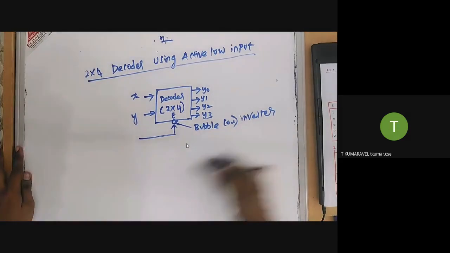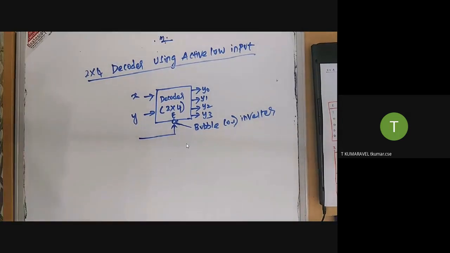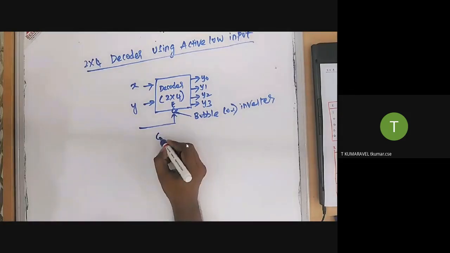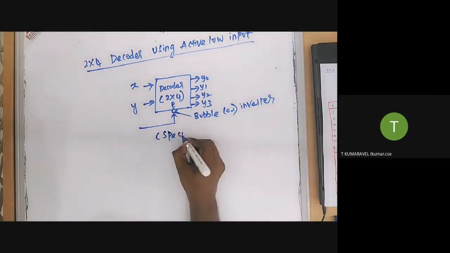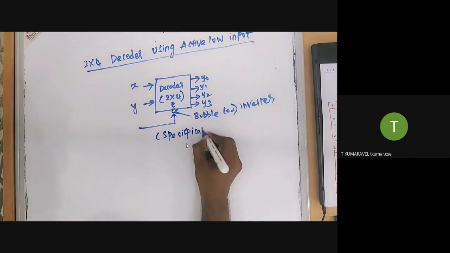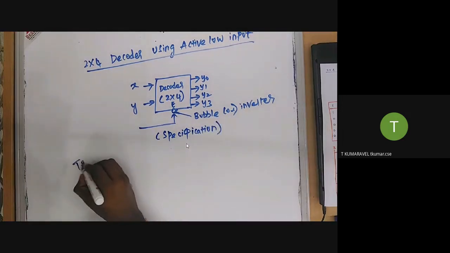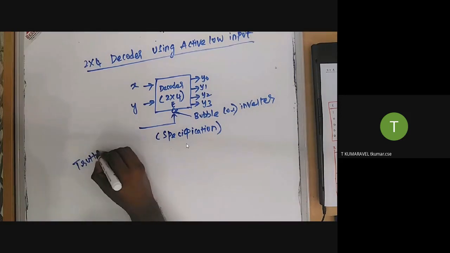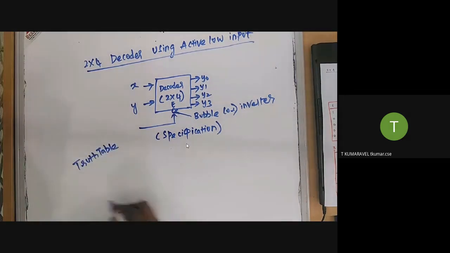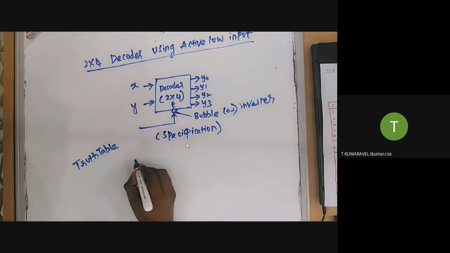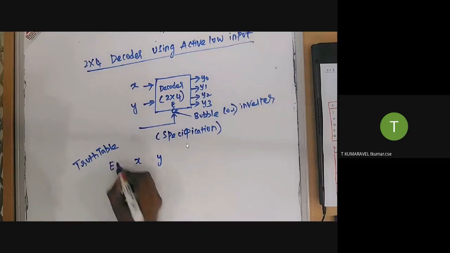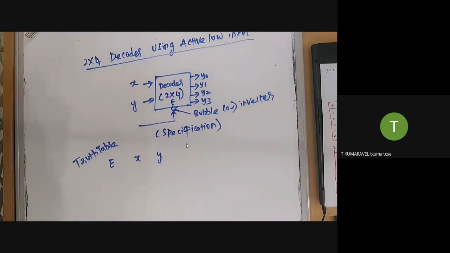So for that, you are going to draw the truth table. This is the specification of the 2 by 4 decoder using active low input. One input is x, another input is y, and along with it I'm going to take enable as one more input.